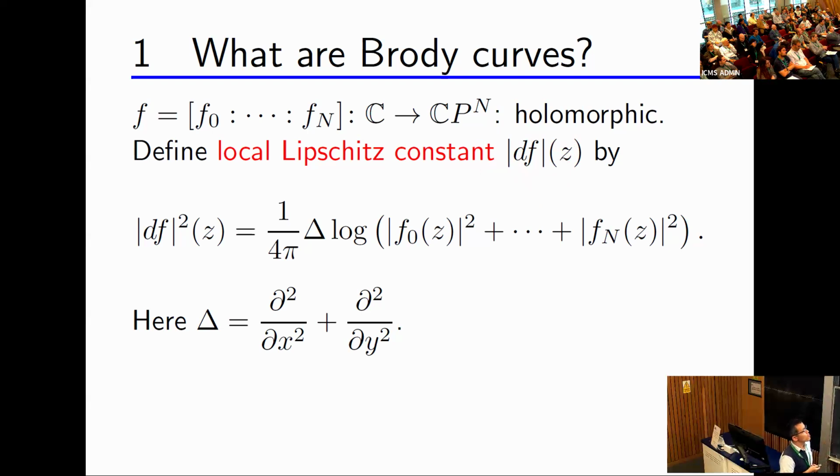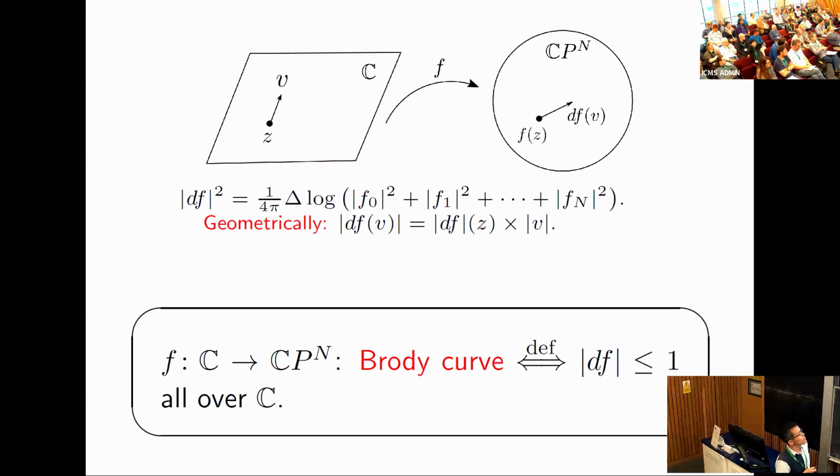What is the geometric meaning? The geometric meaning is very clear. We have the complex plane C and complex projective space, and some holomorphic map f from C to CP^N. Take some point z in the complex plane and a tangent vector v at z.